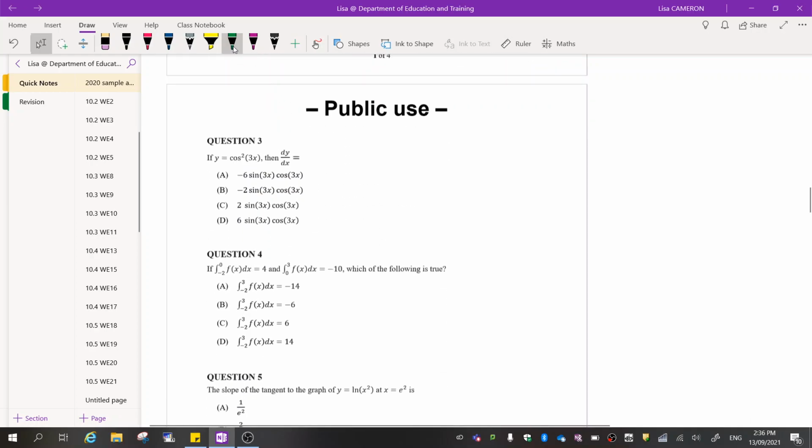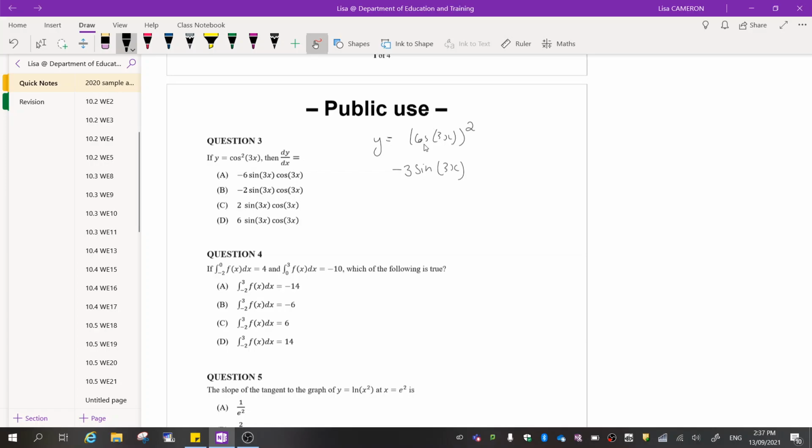Okay, question 3. Now, it helps me to represent these in a different way first: cos bracket 3x bracket squared. Now that I've done that, I can use chain rule. The derivative of the inside of this bracket is going to give me 3. And then cos will change into minus sine 3x.